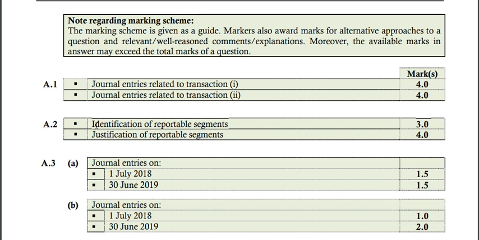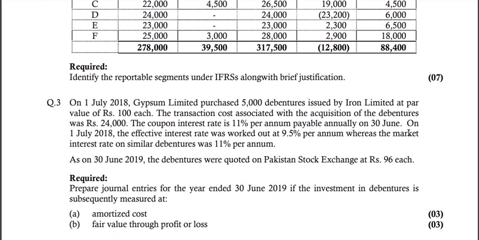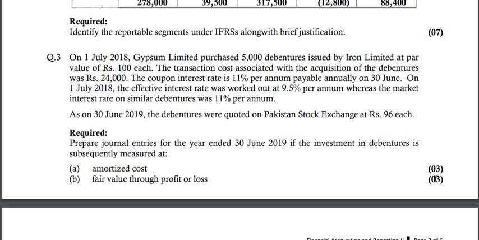Because if he or she identifies and reports the identification of the recorded segment, he or she would have a chance of scoring 3 marks rather than scoring 0 marks.